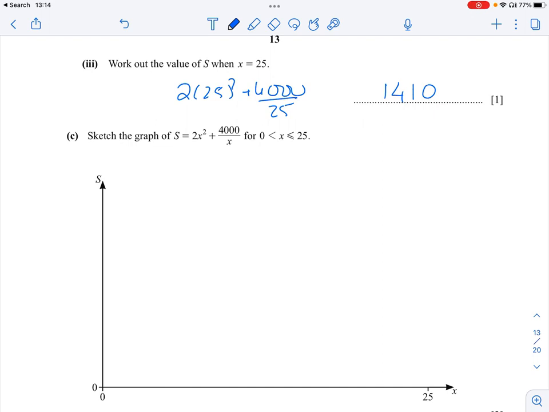And then the y values, the starting value will be 0 and the maximum value you can keep at random, maybe 100. Then you should be able to get a graph for 2x square plus 4000 upon x and only positive x values.